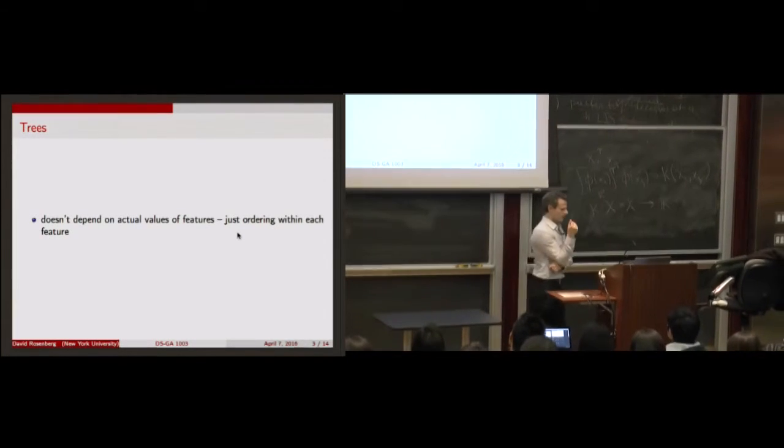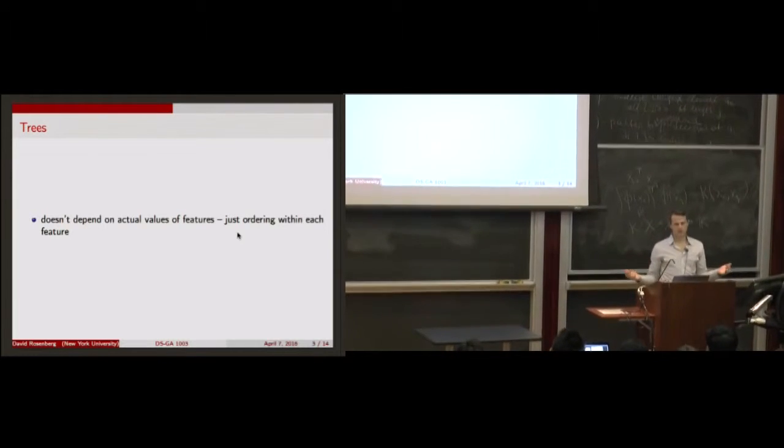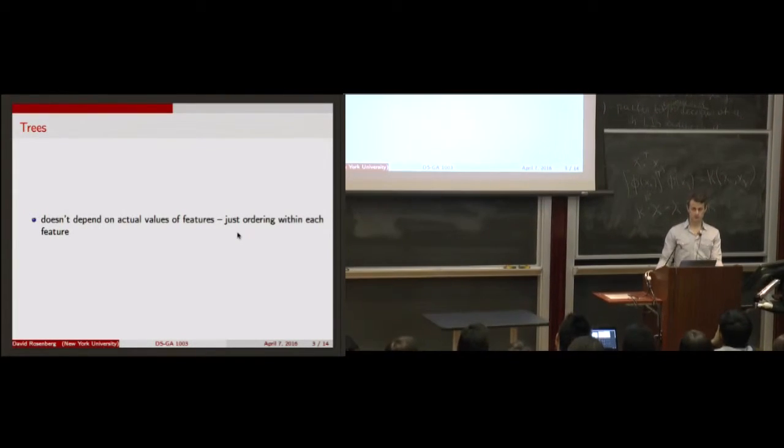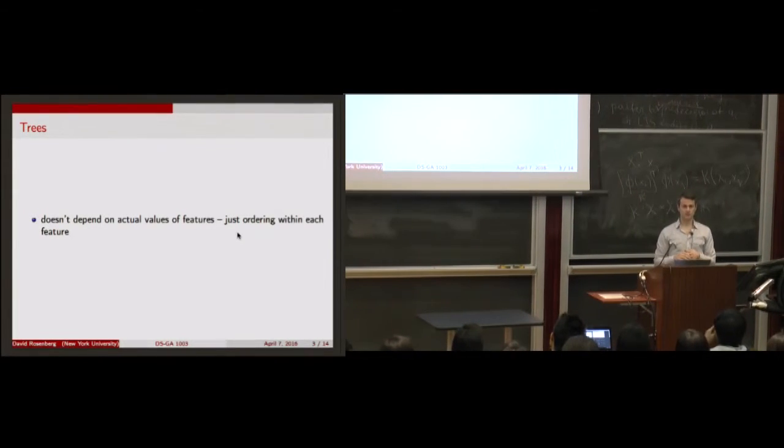So if in the input space we have a feature that's temperature in degrees Celsius, and someone suggests a log transform for some reason, you should realize that has no impact whatsoever on what a tree does, because it doesn't change the relative ordering of the values, so it doesn't matter. OK.